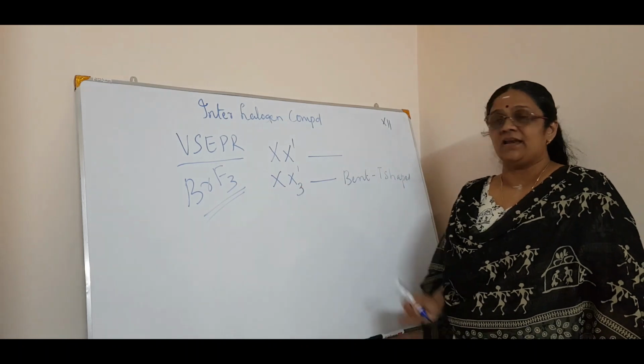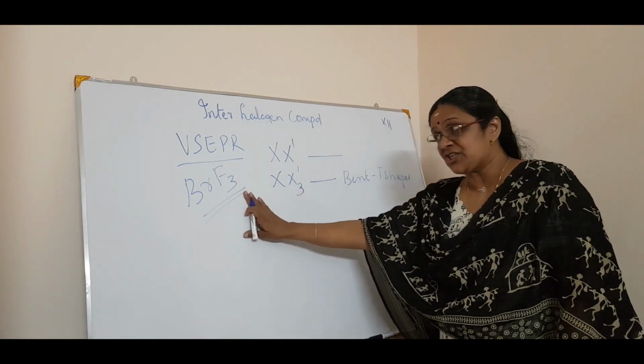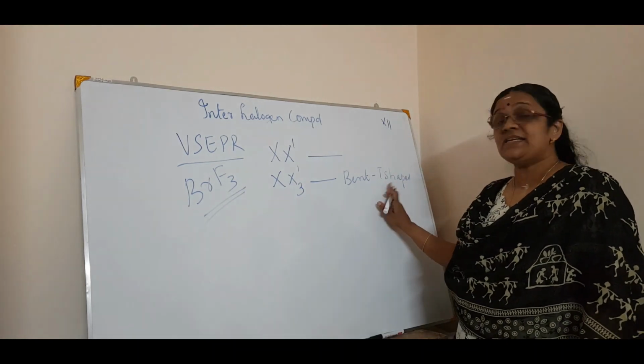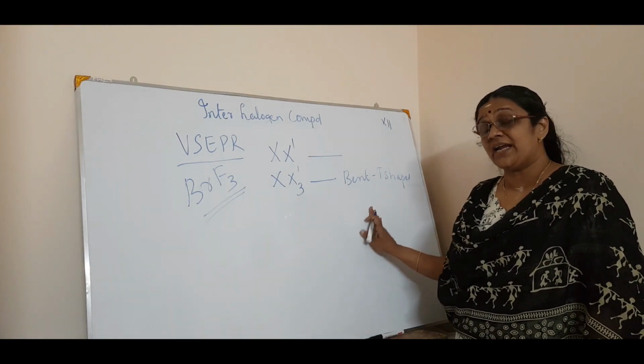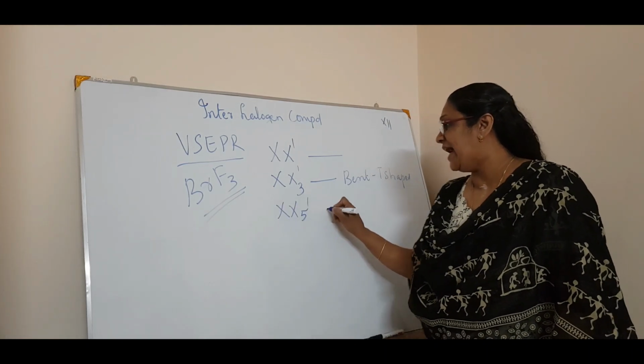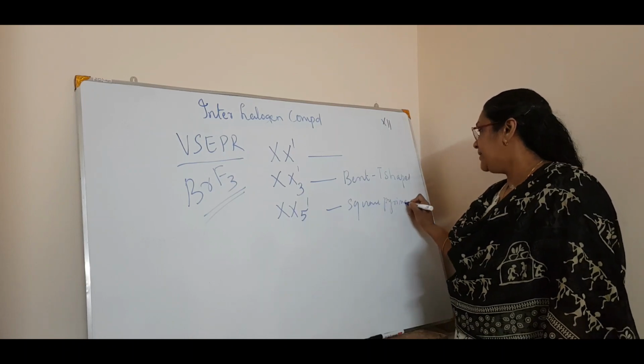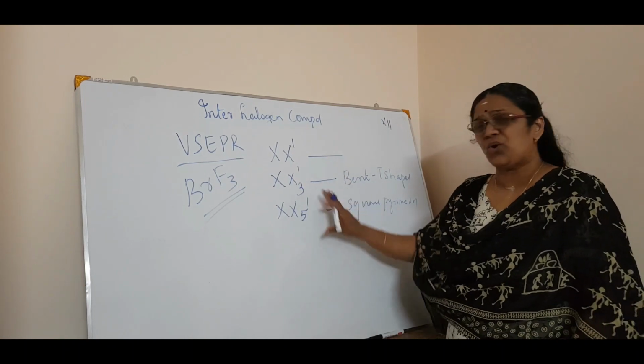We will see in detail how you can prove the structure of BrF3 as a bent T-shaped or a trigonal bipyramidal structure. Now, when you talk about XX'5, it is square pyramidal. Okay, it is a square pyramidal structure. Just to note down, that's all.